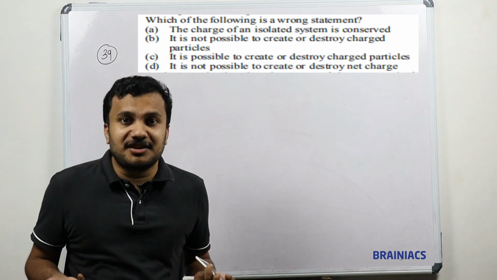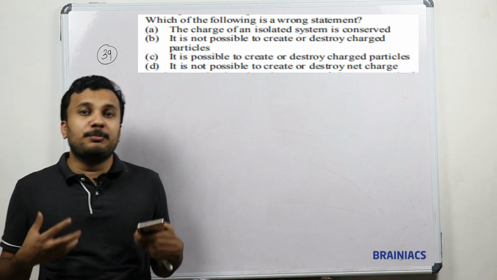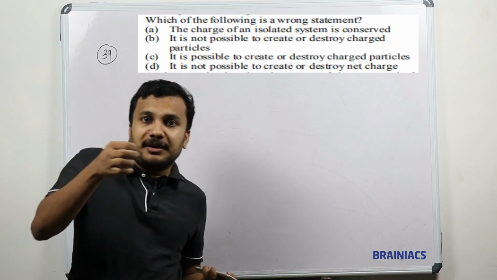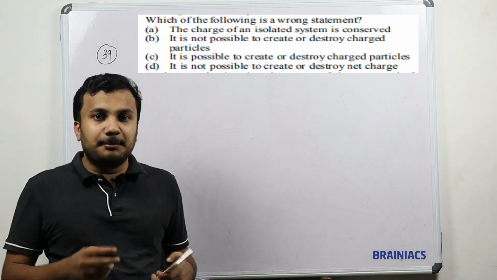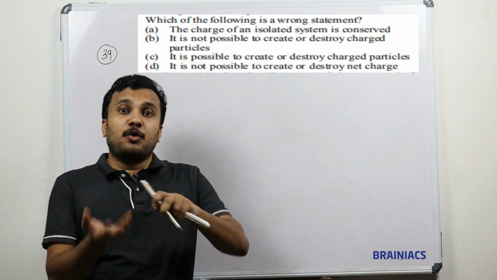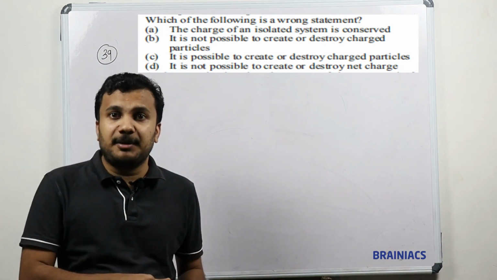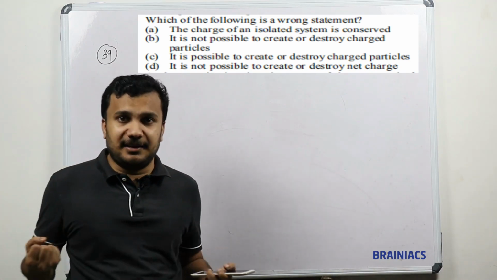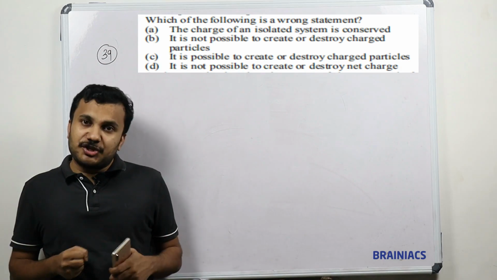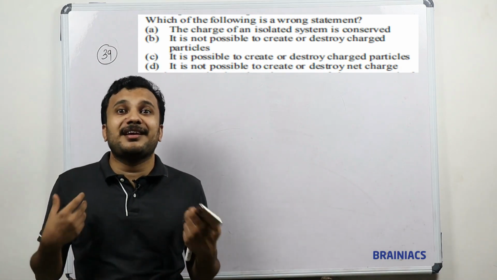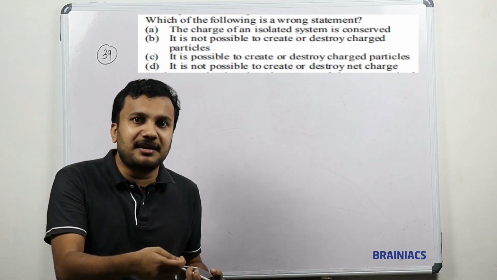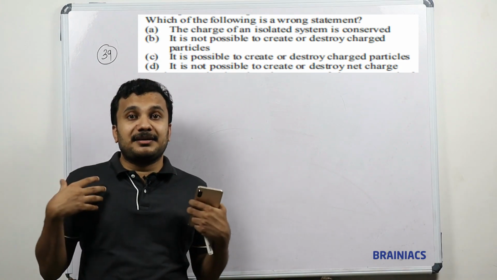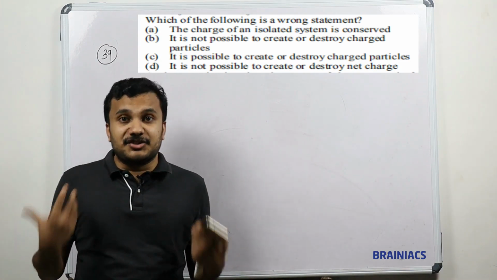Because electrostatic charges are accumulated on the scale, and the paper is an insulator, but due to the induction property, the opposite charge is induced on the paper, and the small pieces of paper are attracted towards your scale. So we have created the charge, and after some time, if you try the scale again, it no longer attracts, because the charges are destroyed. So charges can be created, charges can be destroyed.